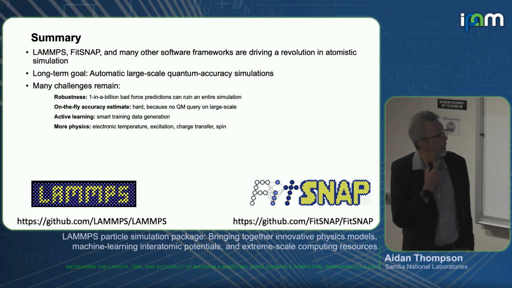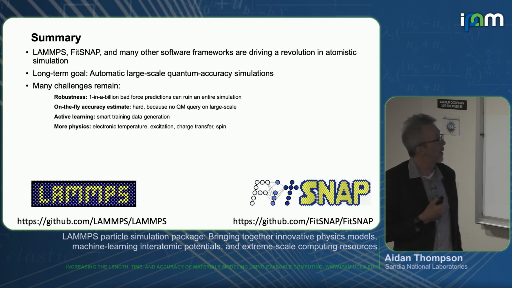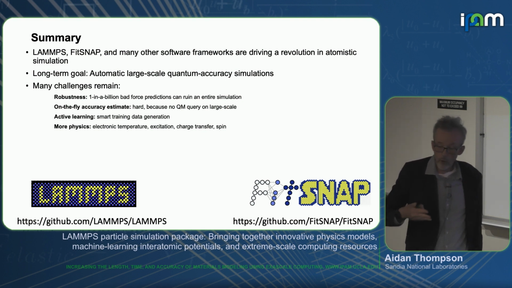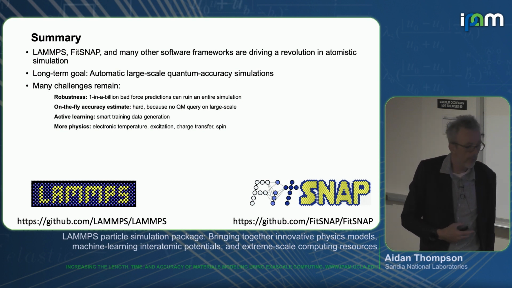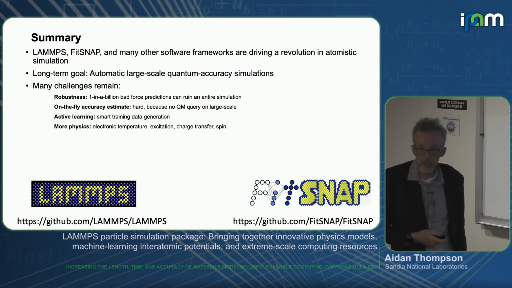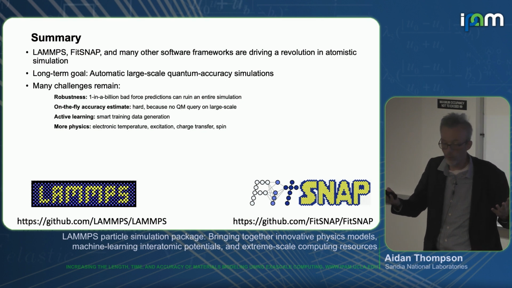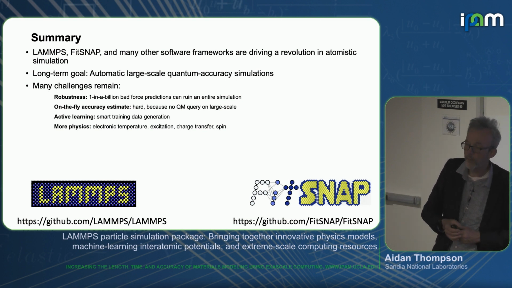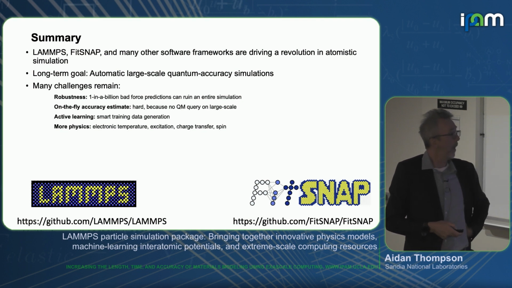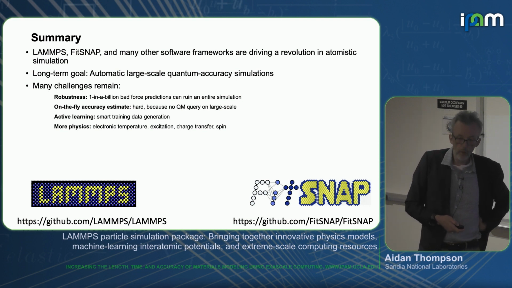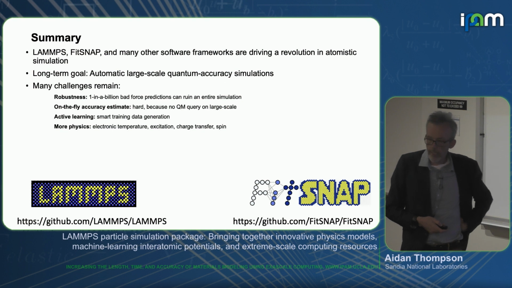So, a couple of points. First of all, LAMMPS, FitSnap, and many other groups out there in the world who have their own machine learning potential training methods are driving a revolution in atomistic simulation where we can now get the best of both worlds, the accuracy of the quantum methods and the scale of the classical MD. The challenge for all of us now is to make this more widely accessible.